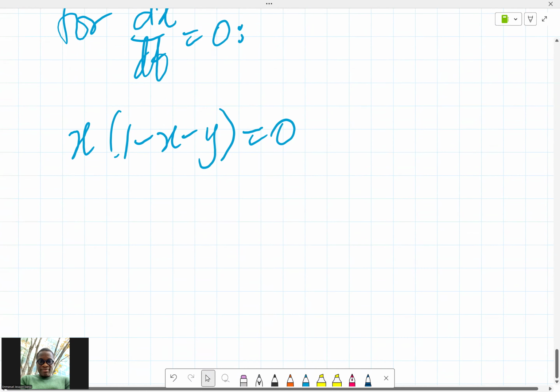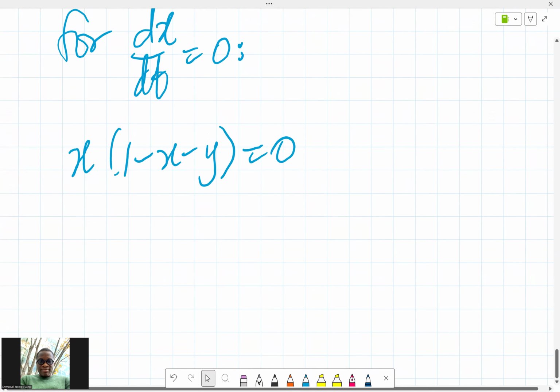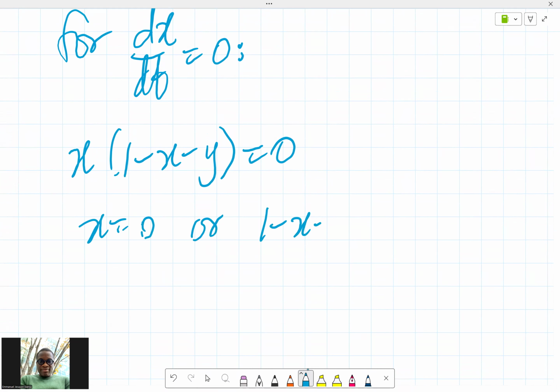So from here, you have x is equal to 0 or 1 - x - y equals 0. So we have this, right?